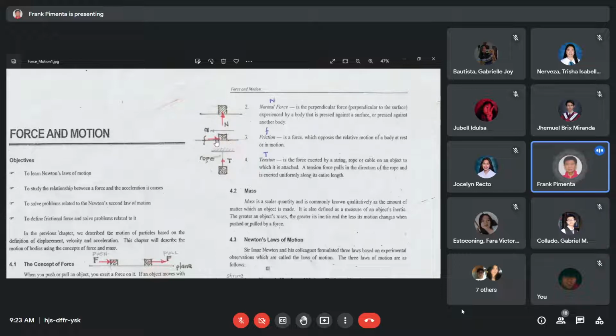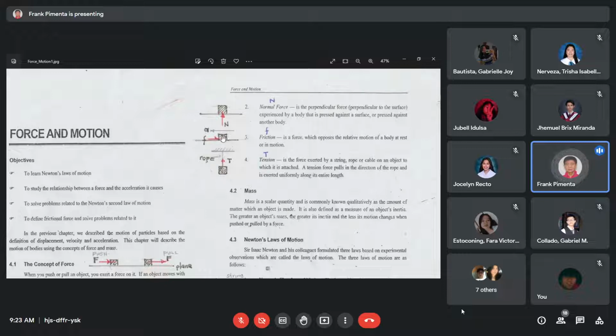So in order to create friction, there should also be two surfaces interacting with each other. It is similar to normal force, two surfaces. Now, if this body is moving to the left or to the west, friction is directed to the right, the opposite direction.